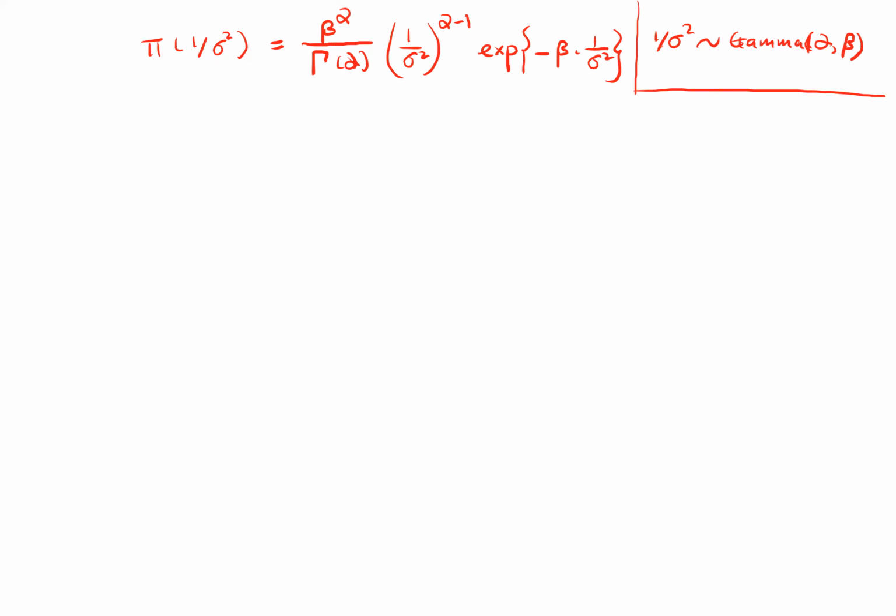Because we're working with 1 over sigma squared, the random variable is 1 over sigma squared. And the likelihood, as we know, let me write L. Now it's in terms of 1 over sigma squared. It's going to be a product. Yeah, you can work on your own. You don't have to follow my notes. I'm just trying to show you the steps.